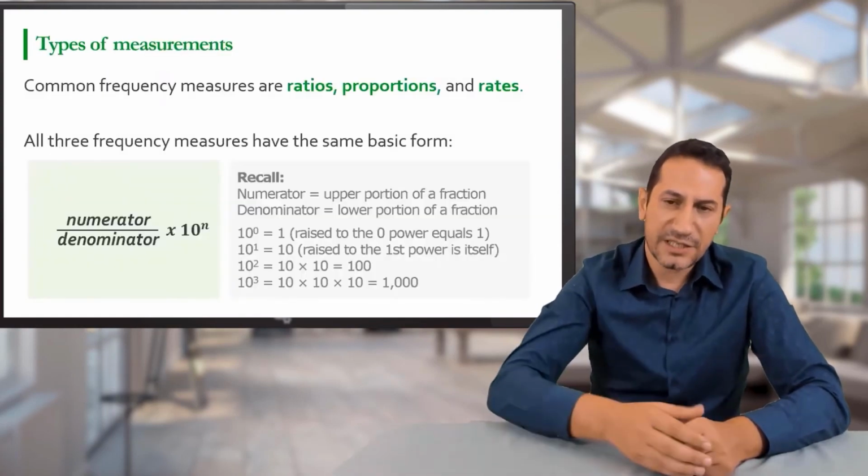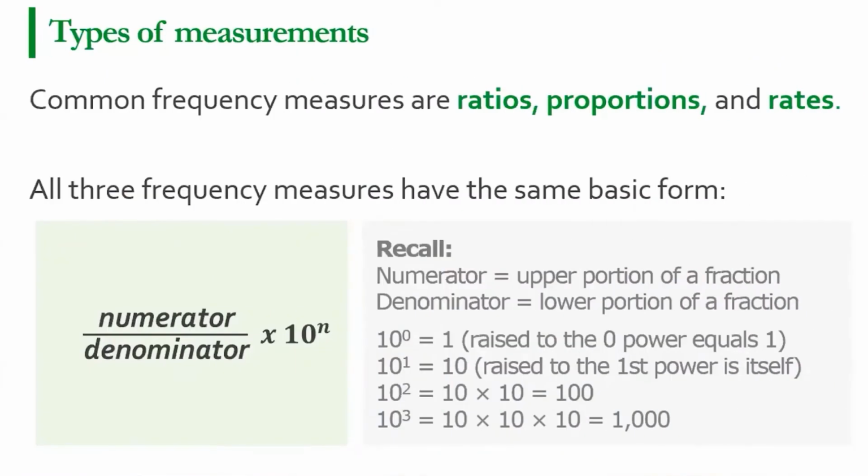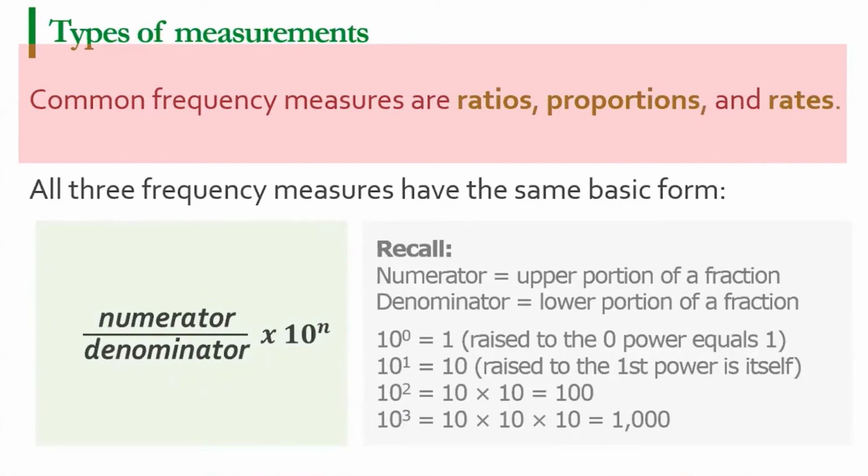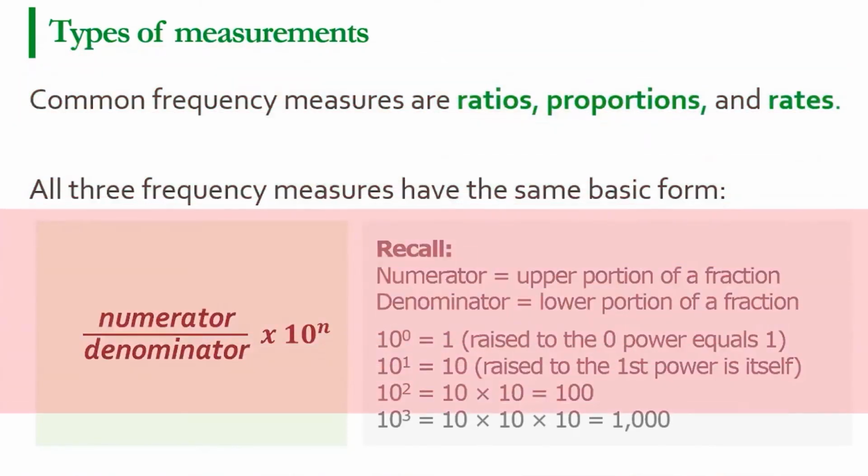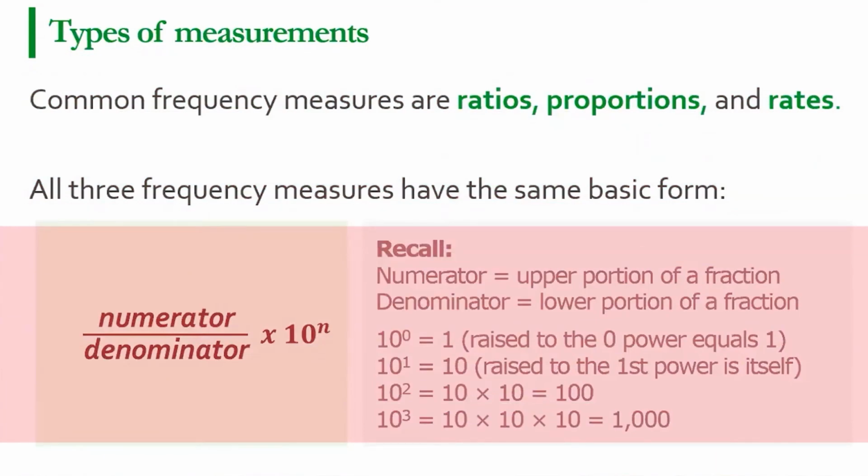The types of measurements, mathematically speaking, can be divided into ratios, proportions, and rates. All three of them are fractions, basically, so they're almost the same thing. The fraction is composed of a numerator, a denominator, and a multiplier.